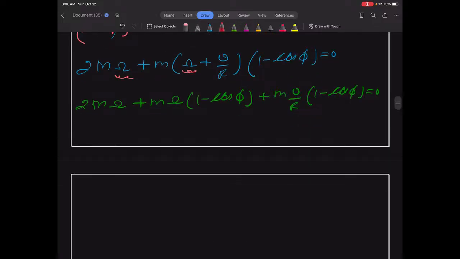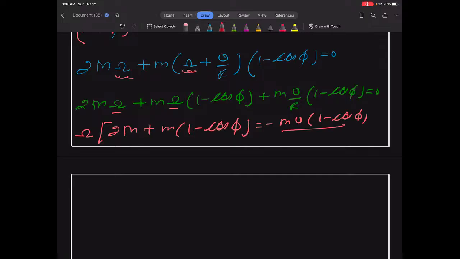Now we can take omega common from these two terms, so we get omega times (2m plus small m) and 1 minus cos of phi, and we can take the other part to the right side, so this will be going minus, we have mv 1 minus cos of phi divided by r.